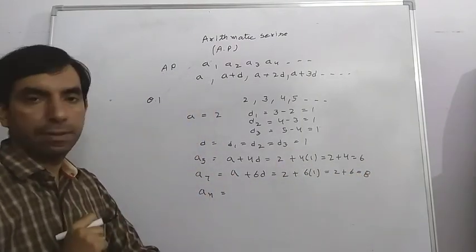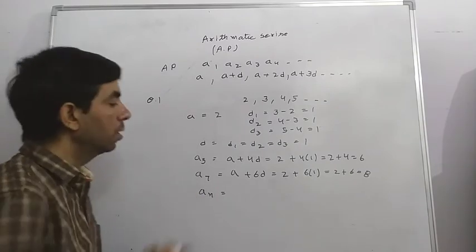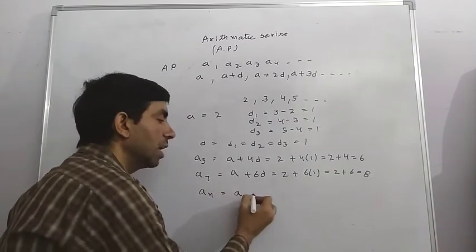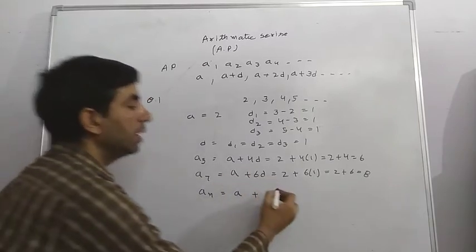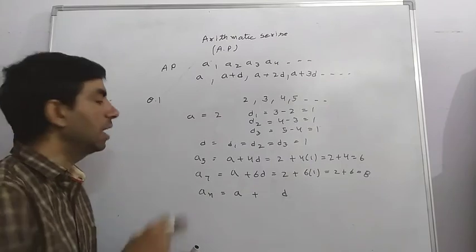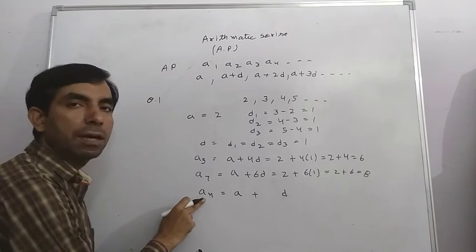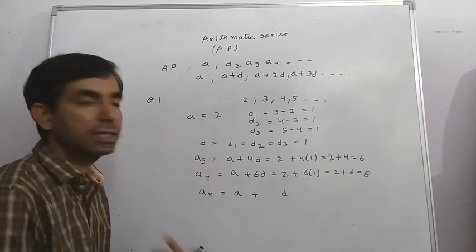Now if it is the nth term, each time A is as it is and D is as it is, but the coefficient of D is one less than the term number. So for n terms it will be n minus 1.